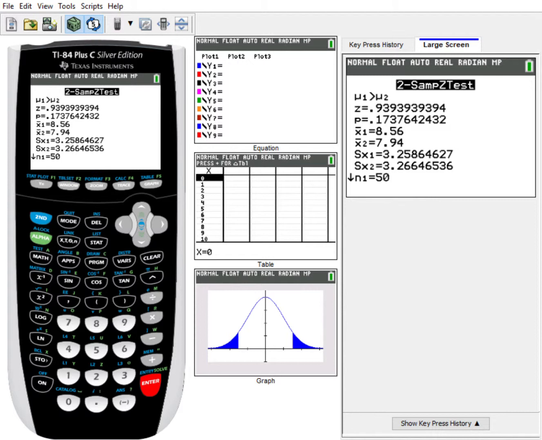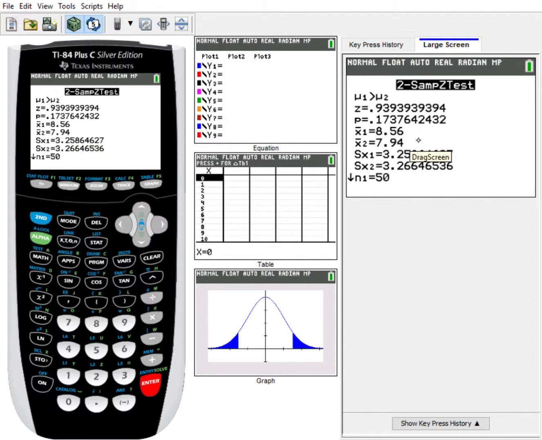So the z-score that I'm going to be looking for is 0.94, not 1.06. Now the p-value is not 14% either. It's 17%, even worse.